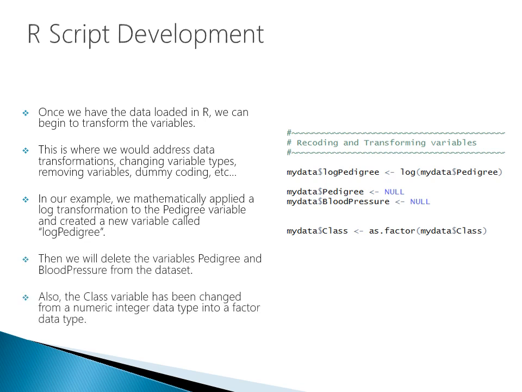Then finally, the last step is we're going to take a variable called class in this case, and this class is a 0-1 integer. It's a yes-no variable. However, because it is a 0-1, R reads it into the data frame as a simple numeric integer.